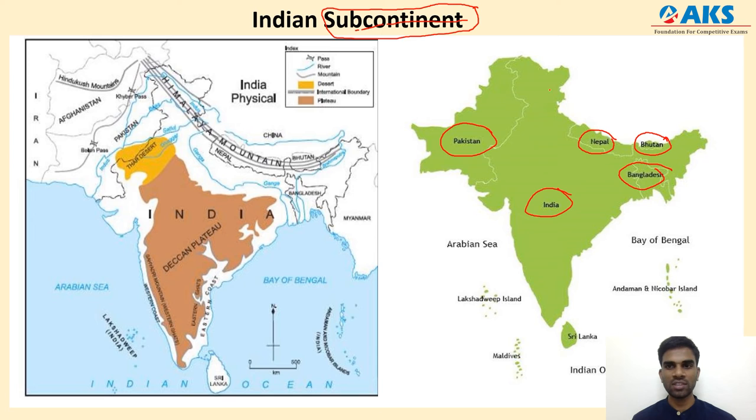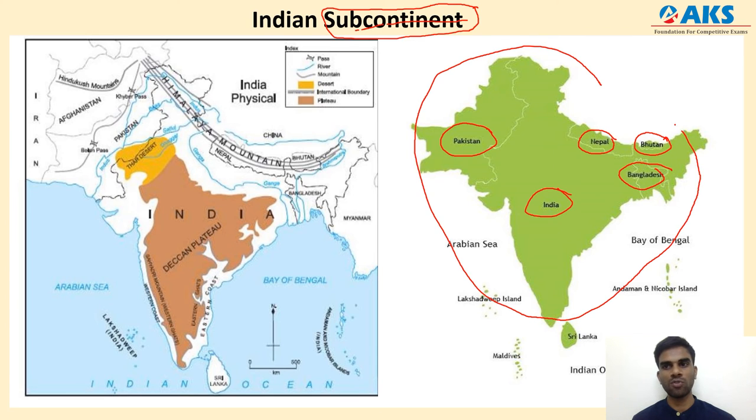So this entire subcontinent shares a common geography. That is, it is formed because of the movement of the Indian plate when it collided with the Eurasian plate. So this is the boundary that separates the Indian subcontinent.